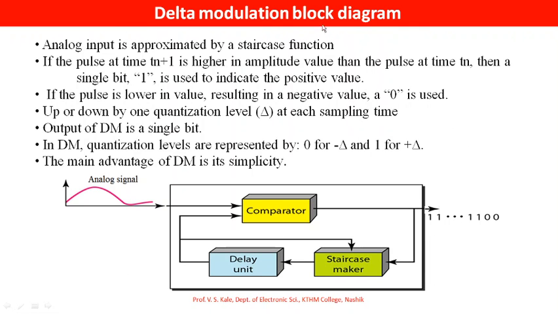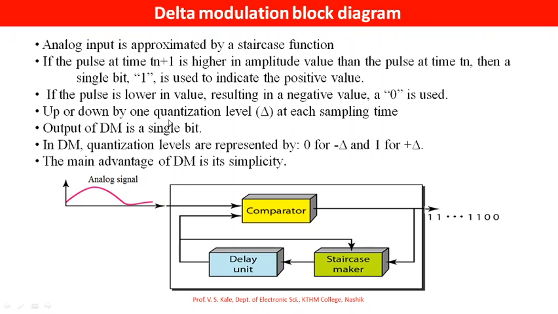Delta modulation block diagram. Analog input is approximated by a staircase function. If the pulse at time Tn plus 1 is higher in amplitude value than the pulse at Tn, then single bit 1 is used to indicate the positive value. If the pulse is lower in value, resulting in negative value, a 0 is used.